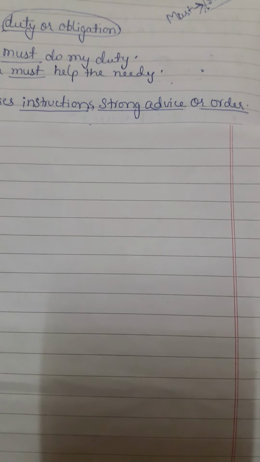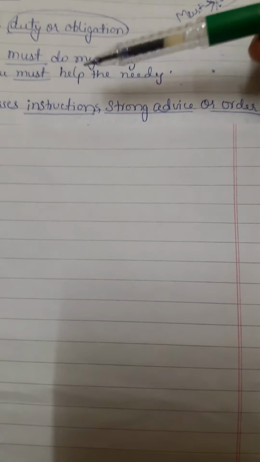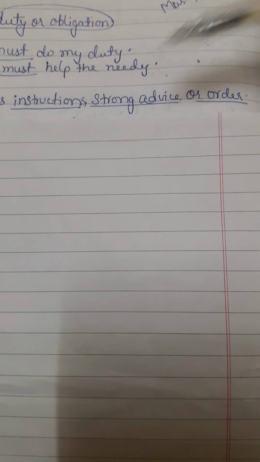But if I say you must help the needy, it means I want to make you realize it's a strong sense of duty towards the needy person. So wherever you see must, it will always indicate a strong sense of instruction, strong advice, order. You can conclude in this way.